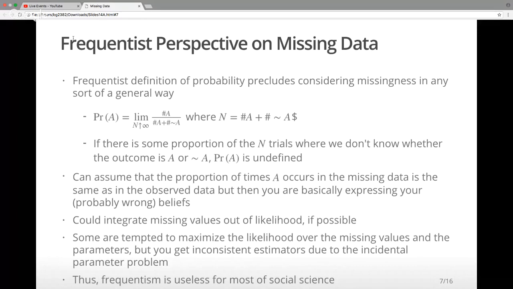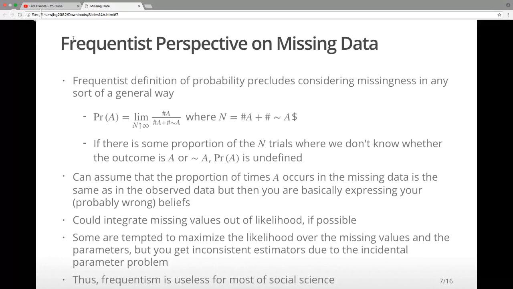So another thing you can do, and this is basically what people do a lot, is assume that the proportion of times where A is missing is the same as the proportion of times that A occurs in the observed data. So that's basically to say that whether A is observed is independent of what the true A is.